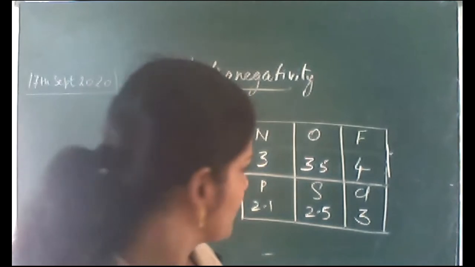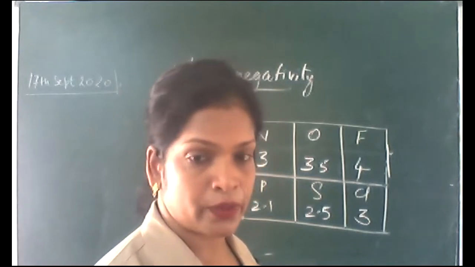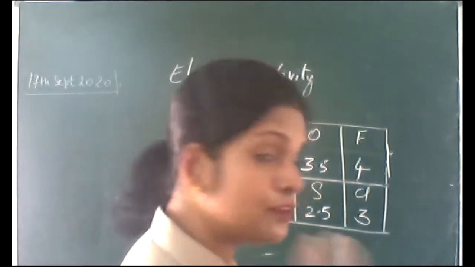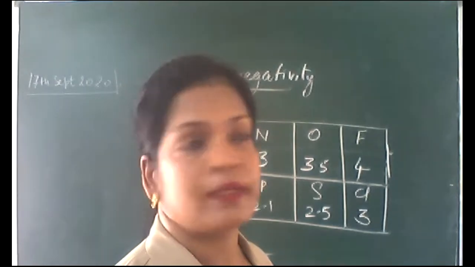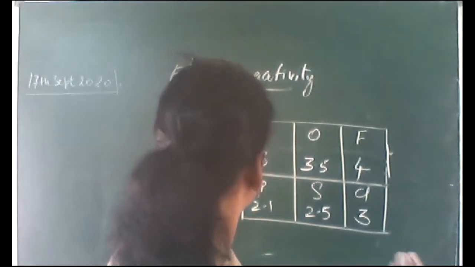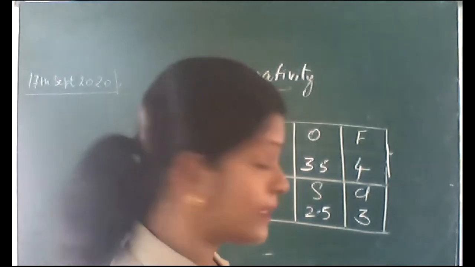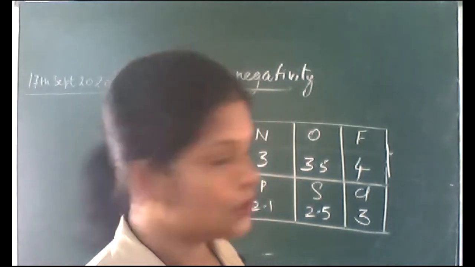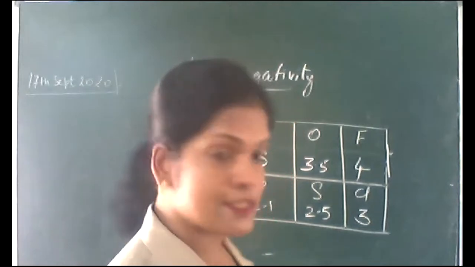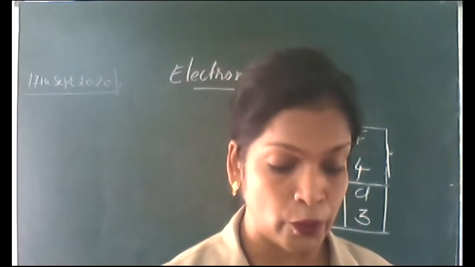Still, nitrogen is more efficient in taking electrons than chlorine because of its smaller size. So then that nucleus can attract that pair of electron. That nitrogen can attract the pair of electron more closer towards it. So the efficiency of nitrogen is more as we compare the case of chlorine.